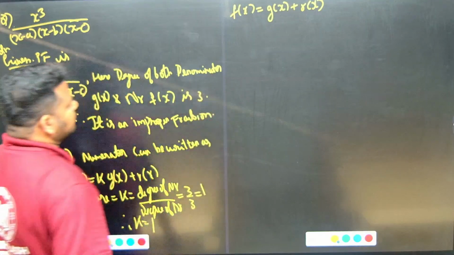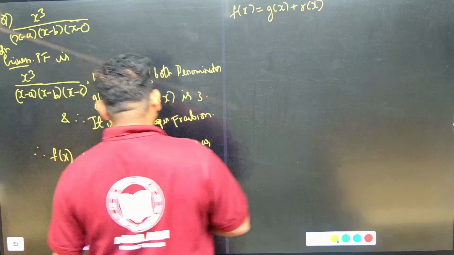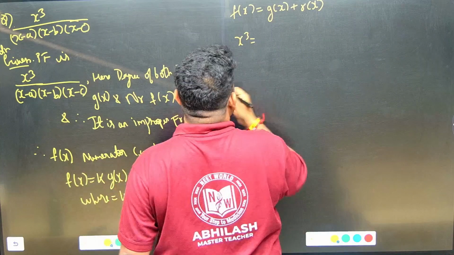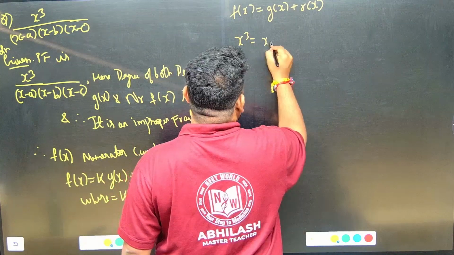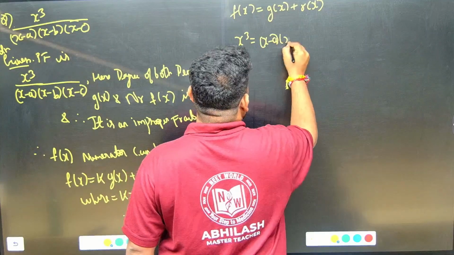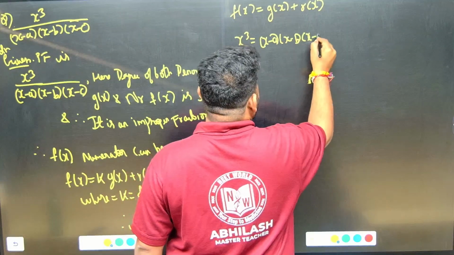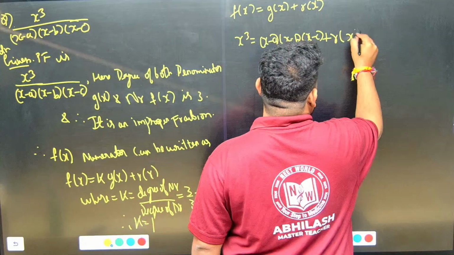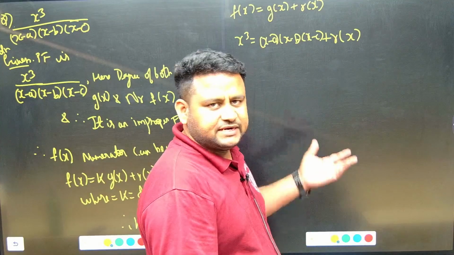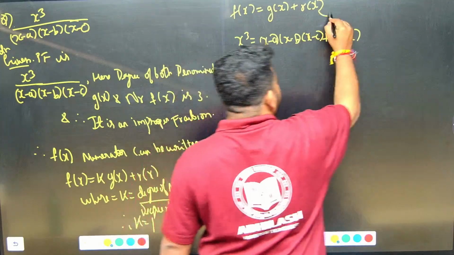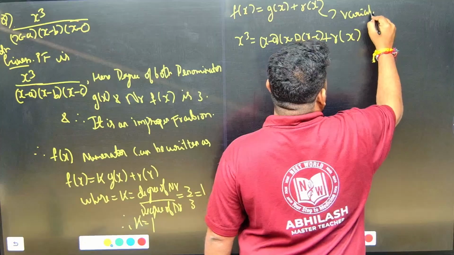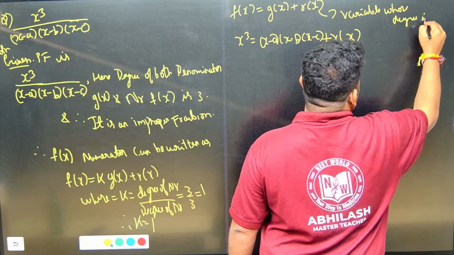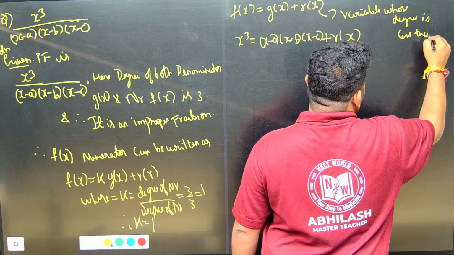So what I can write: f of x, the numerator, is x cube. G of x, the denominator, is x minus a into x minus b into x minus c, plus r of x. Here r of x is a variable whose degree is less than g of x.